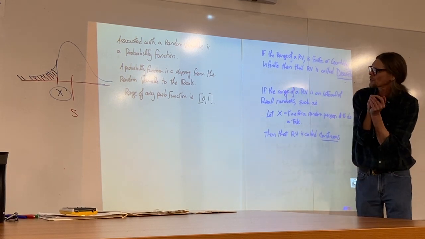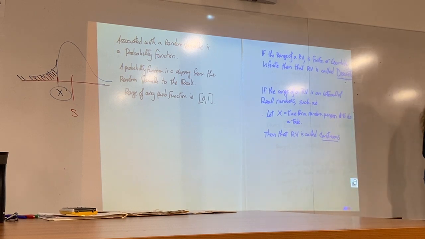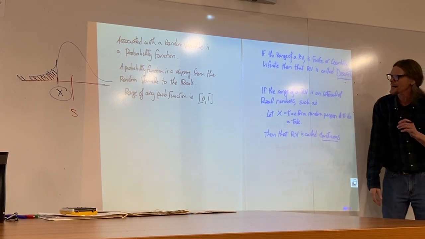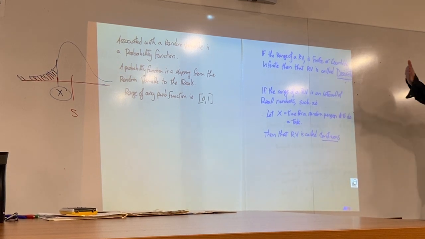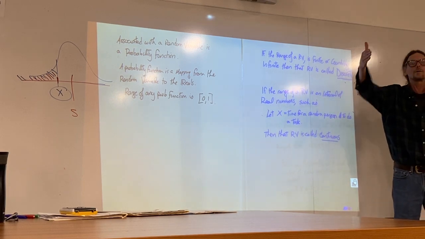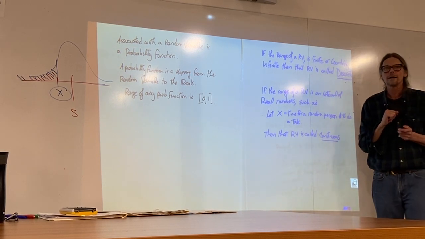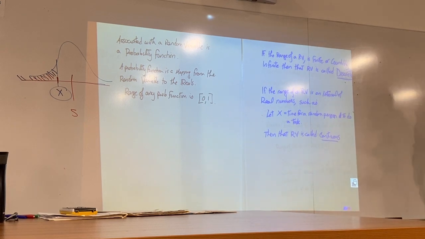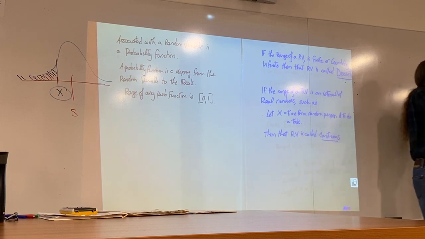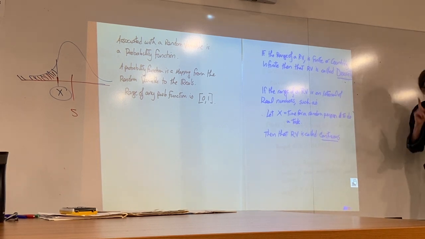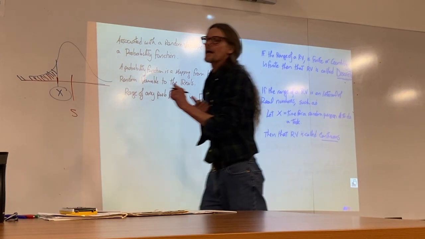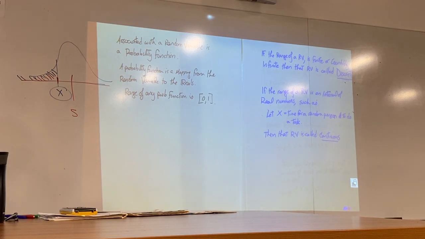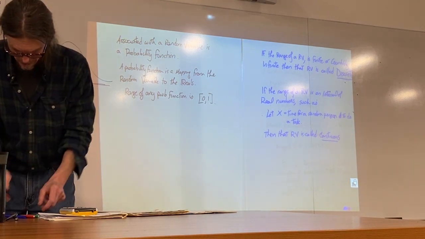If you're flipping a coin 5 times and x is the number of heads, the probability x is bigger than 3 is the probability it's 4 plus the probability it's 5. It's a summation problem. If x is continuous, then you can't list the values, which means you cannot isolate them, which means you can't add them up, and it becomes an integration problem.